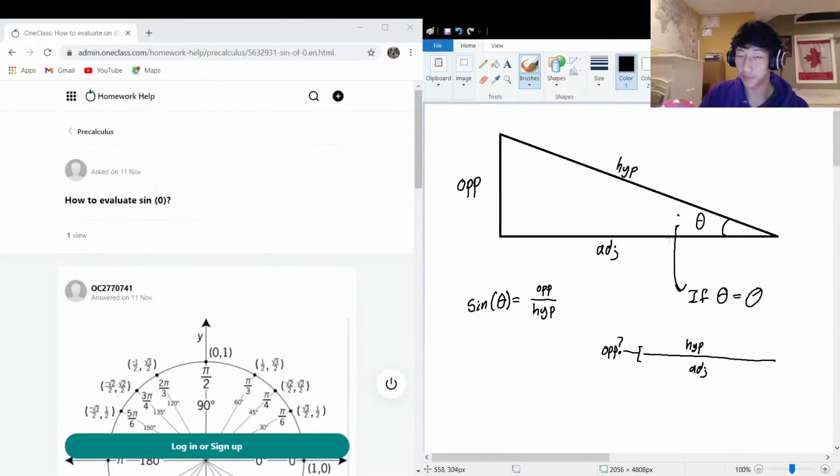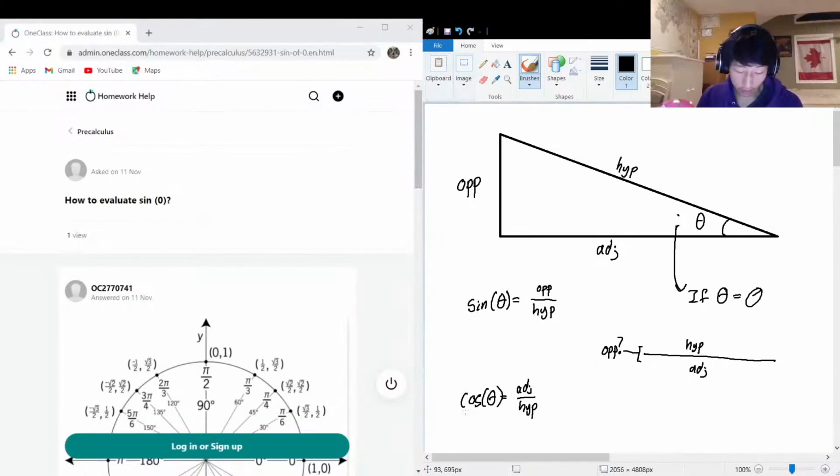And you could see, if theta is equal to 0, well, in that case, cos theta is equal to, not hypotenuse on the top, it's adjacent over hypotenuse, ADJ over hype.